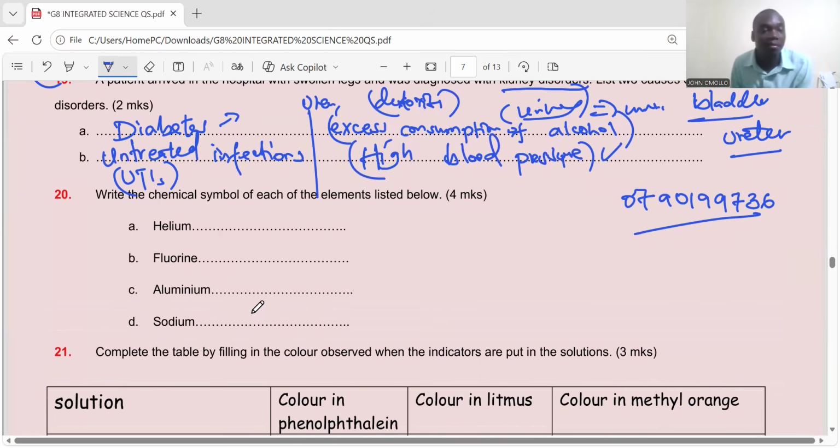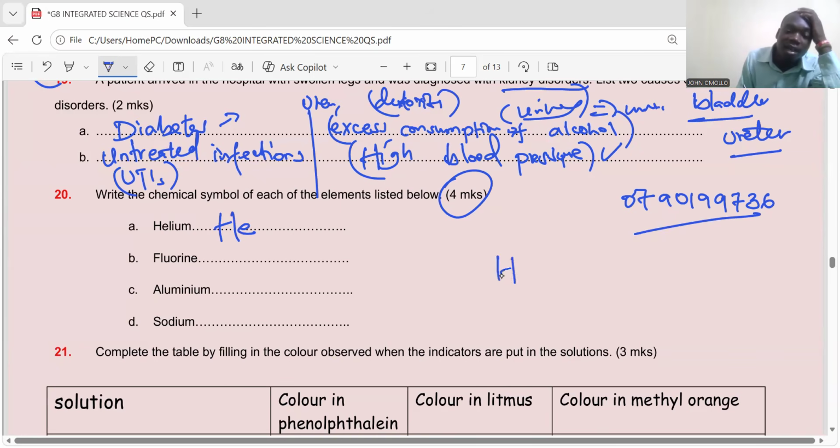Number 20, let's go. Write the chemical symbols of each of the following elements listed below. This is so simple. 4 marks. Helium. The symbol for helium is He. Remember, there's a difference between the helium symbol and the hydrogen symbol.